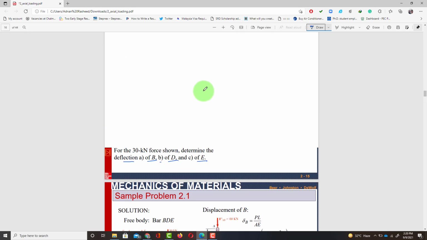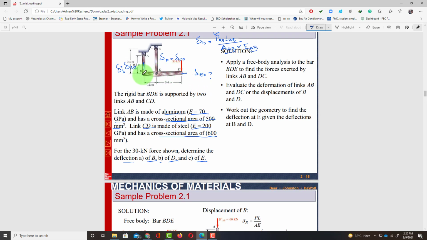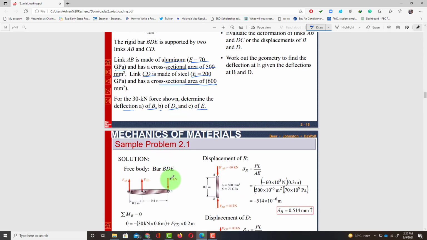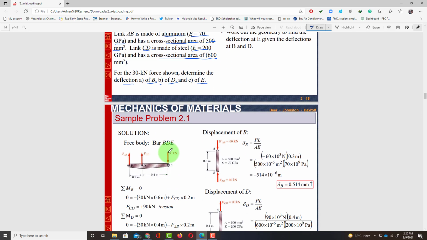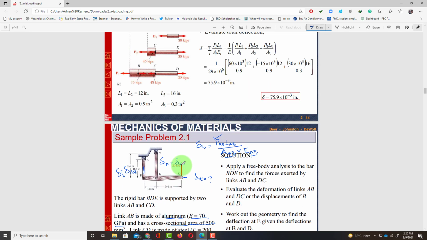If you draw the free body diagram of this rigid bar BDE, it will be like this. At point E there will be a load, at point D there is a force, and at point B there is also a reaction force, and the distances are the same as given above. What do you think if this load is applied? Definitely this will tend to stretch DE, and this force will be upward.